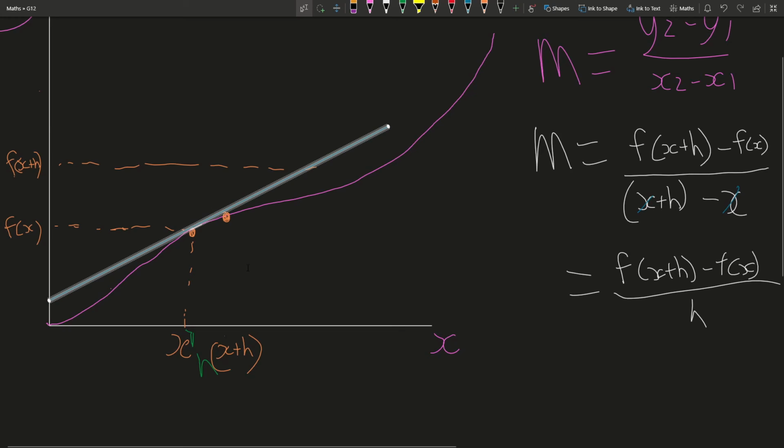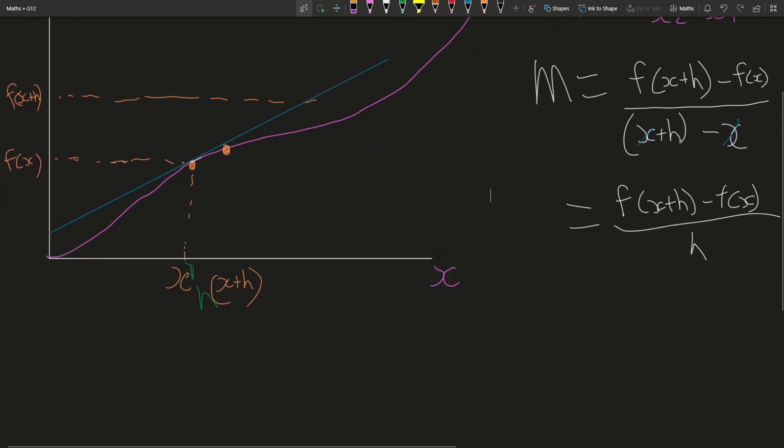We get the gradient of this blue line, because the white line is going to get more and more similar to it.